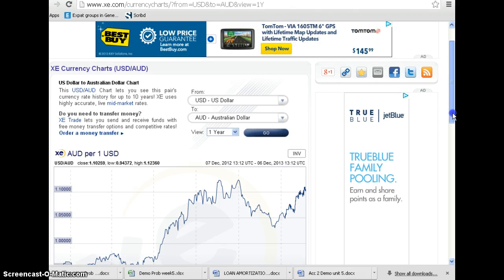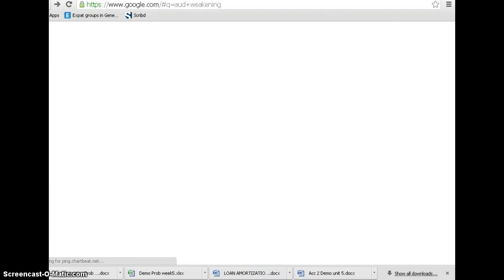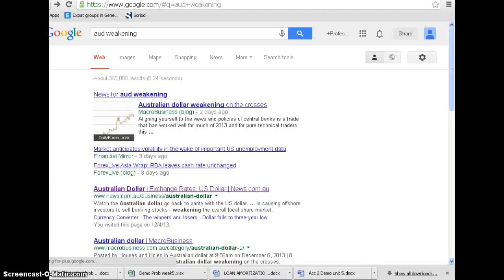Remember the factors we talked about in class as to why currencies get stronger and weaker. So what I did was I simply just Googled AUD, Australian dollar, weakening.